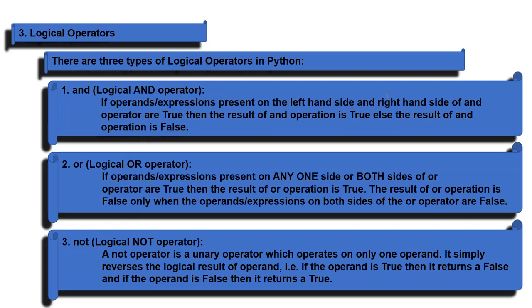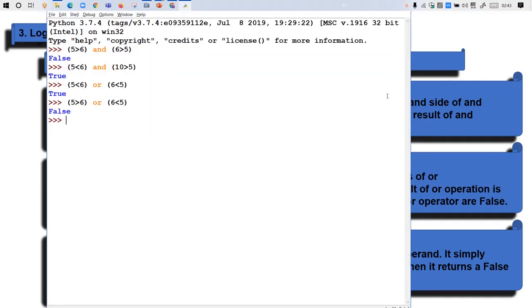So again, let's check what we mean by this. I said 5 greater than 6. This operation is false. 5 is not greater than 6. So if I apply the not operator on it, not 5 greater than 6, 5 greater than 6 is false.